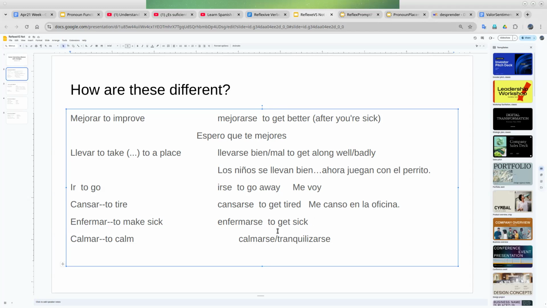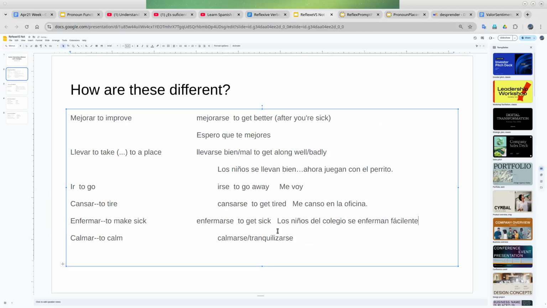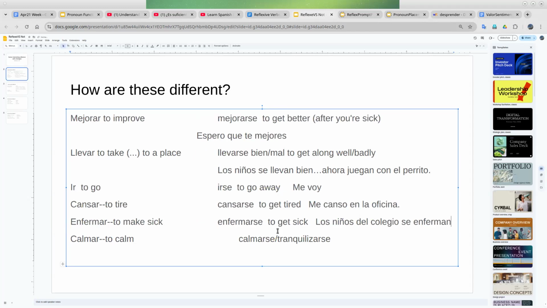Por ejemplo, ¿sí? Los niños del colegio se enferman. Se enferman.